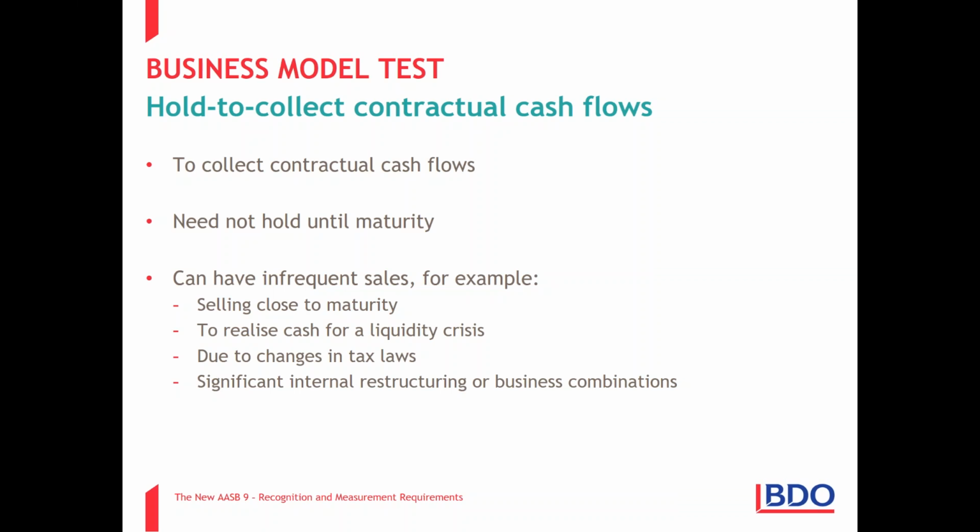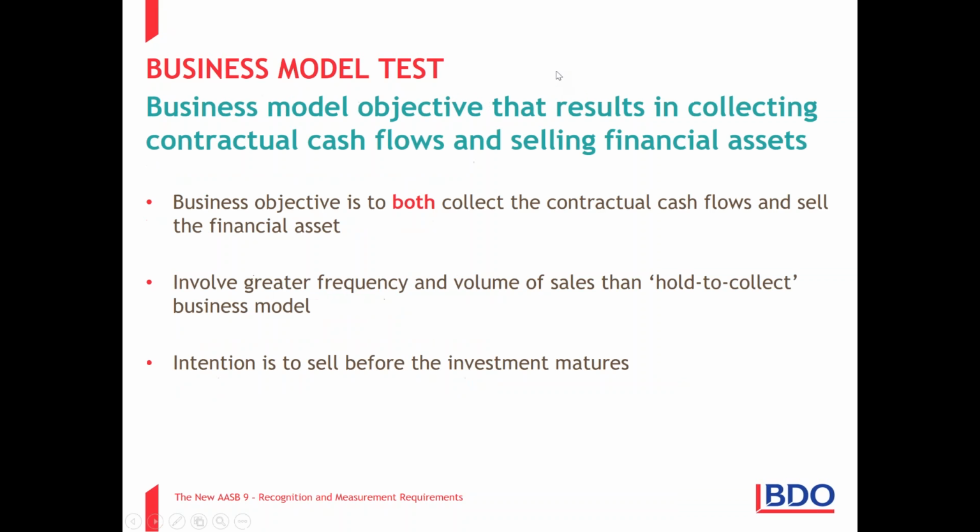There could be changes due to changes in tax laws, or internal restructuring or a business combination. So although your business model is generally to hold to collect contractual cash flows, it could change in certain situations and you won't be penalized for it. So that's a bit of a relief.